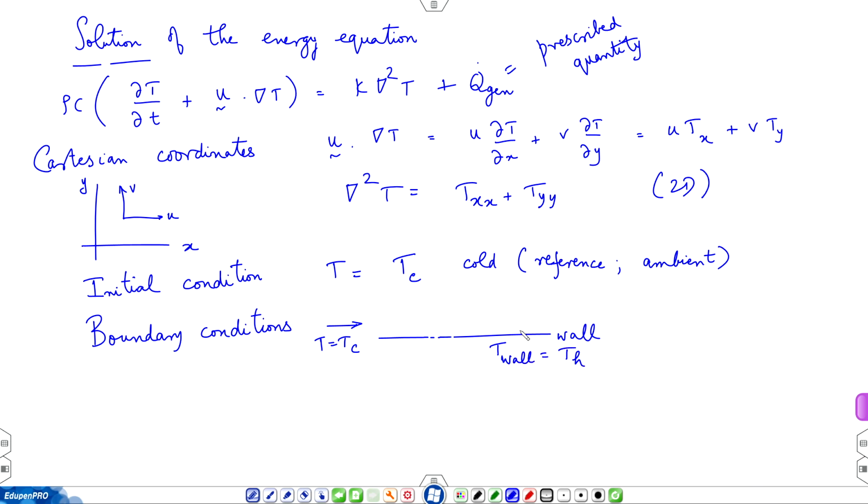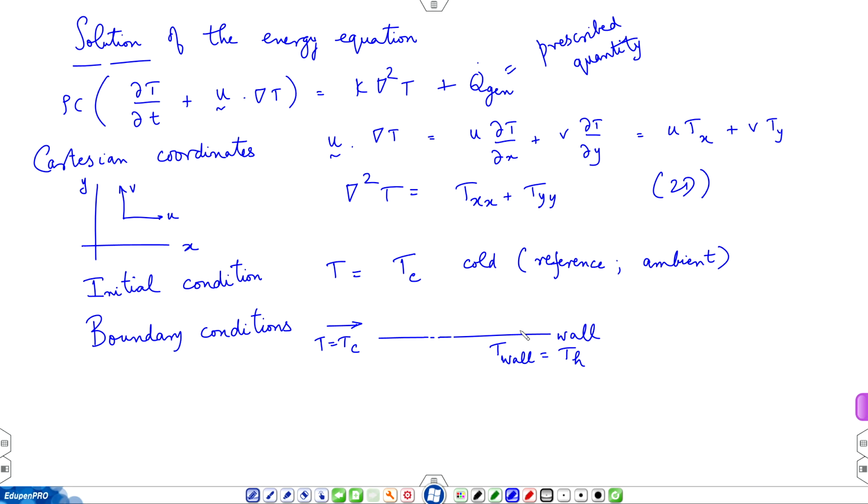So, the wall is at some temperature, maybe 55 degrees Celsius, and then you have air going over it or water going over it, but air or the fluid is getting heated up, but when it comes in it has an inlet temperature.